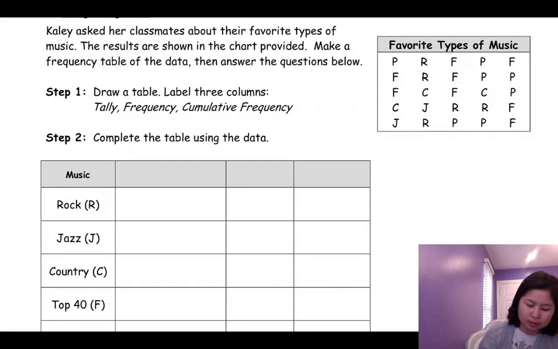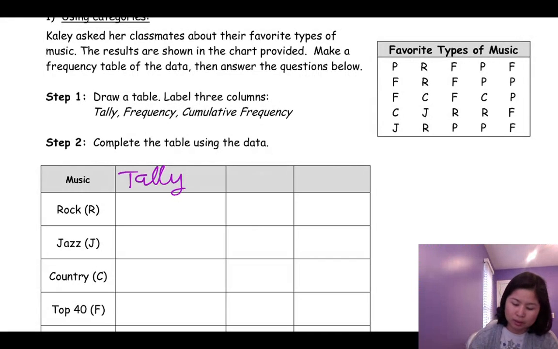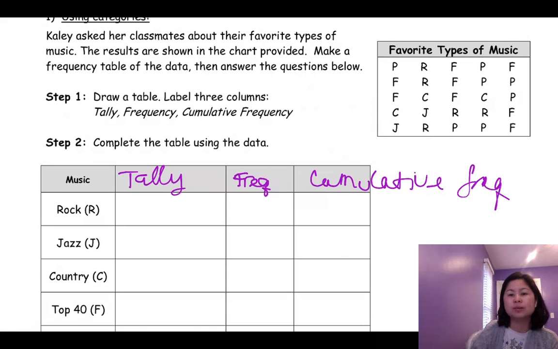The first column is the tally, then the frequency, and this one is cumulative frequency. I think some of you are still confused about cumulative. Sorry, it's hard for me to write in the morning.